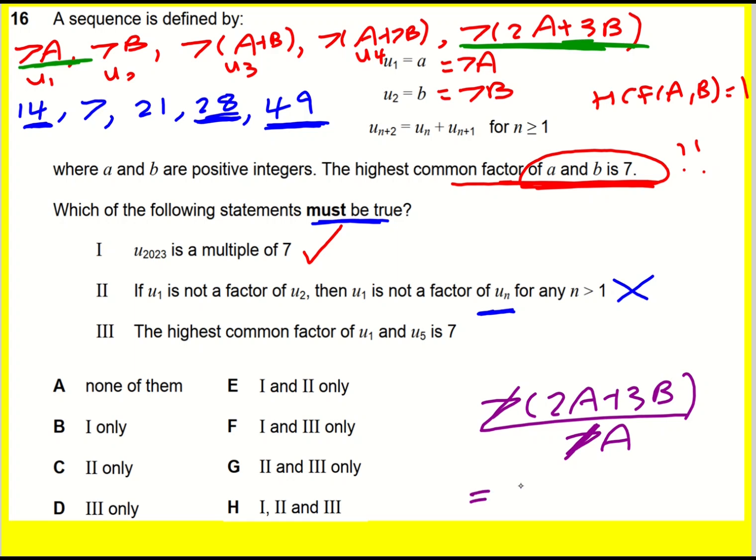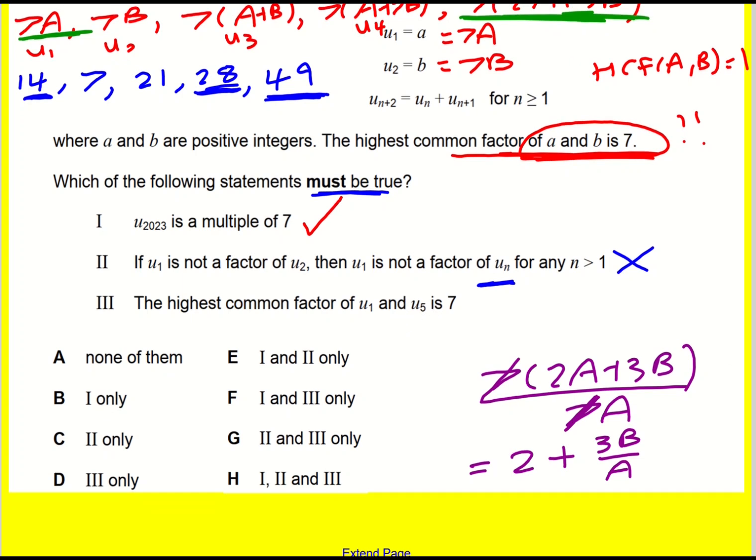And then if I divide through by A, I'm going to get 2 plus 3B over A. So if I could get A to divide into 3B, then I would get a whole number here, and that would mean that U5 would be divisible by U1, and I'd get another factor other than just 7. So what I could maybe do is set, sorry, I don't even need A to go into B, I just need A to go into 3.